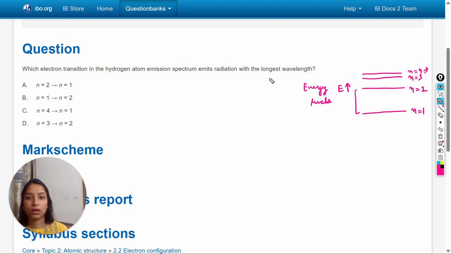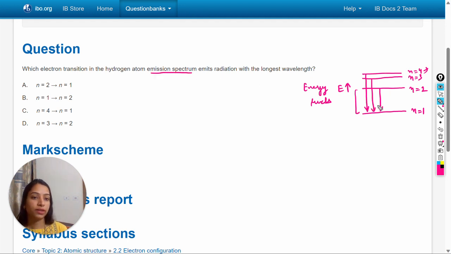So when an electron is moving from the higher energy levels or the excited state to the ground state, then a photon is emitted in the form of light, and when it's spread out on the spectrum, then the emission spectrum is obtained.